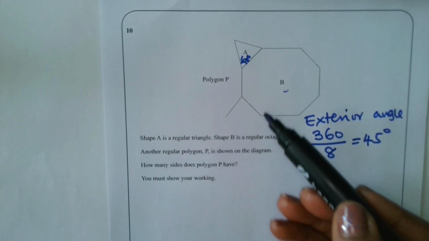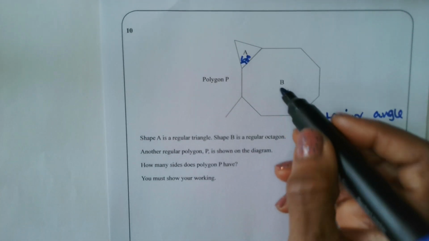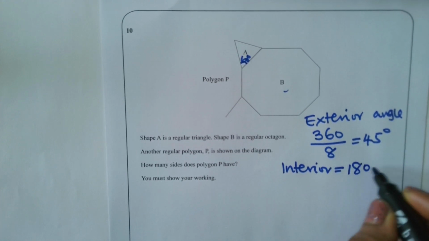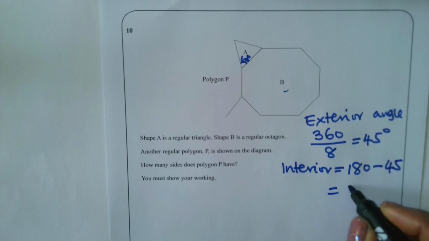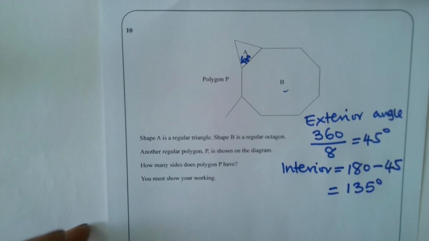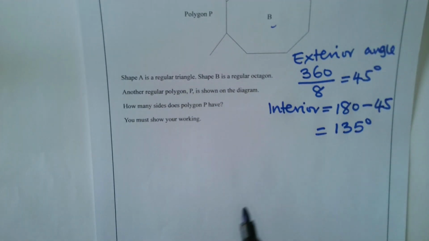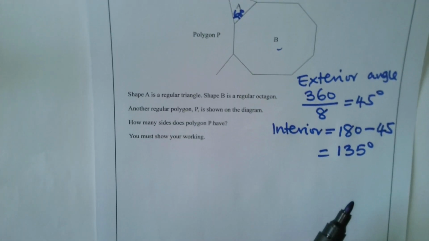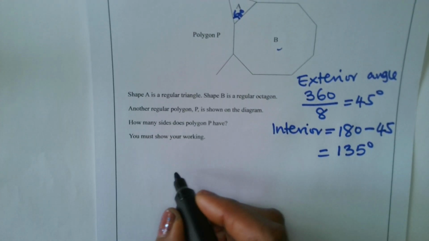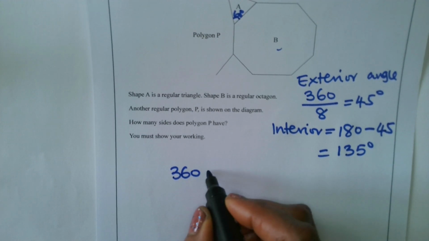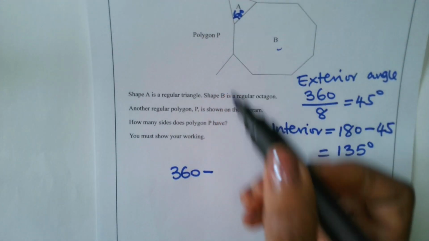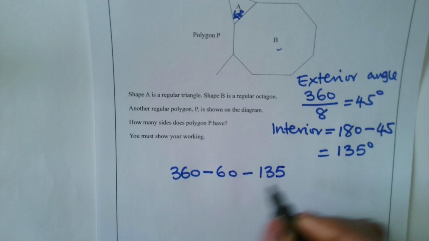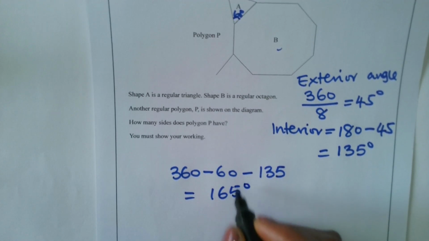Now I'm going to find the interior angle of this octagon. Interior would be 180, you take away 45, that will give you 135 degrees. So now to find the interior angle of polygon P, we're going to do 360, take away 60 degrees, take away 135, that will give us 165 degrees.